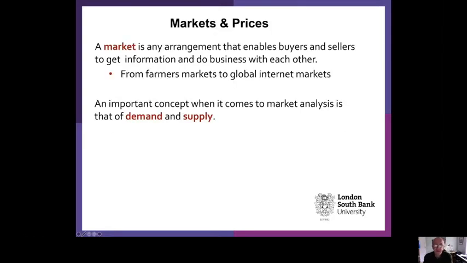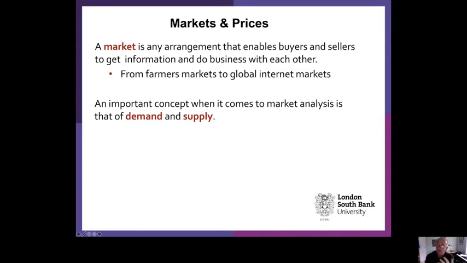So if we're thinking about a market, it's not necessarily a stall on the Balham High Road. It's any arrangement which brings together buyers and sellers. I often talk about markets of food like carrots, and then I am on the Balham High Road.